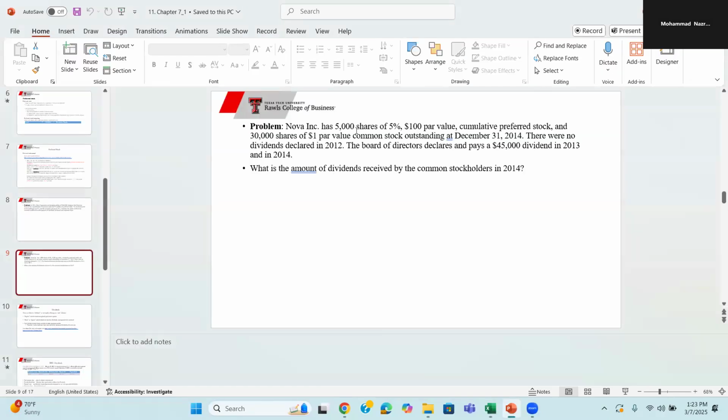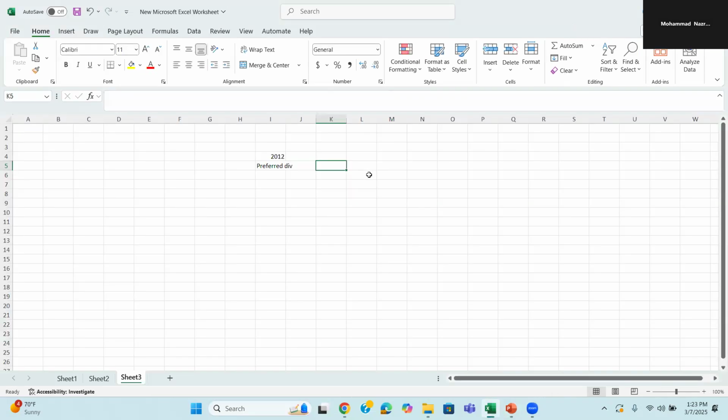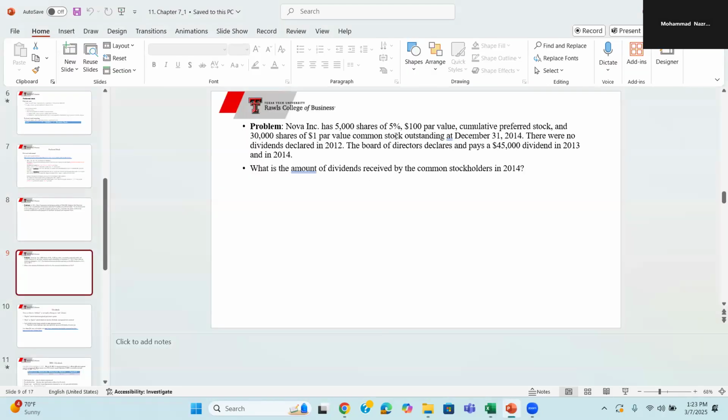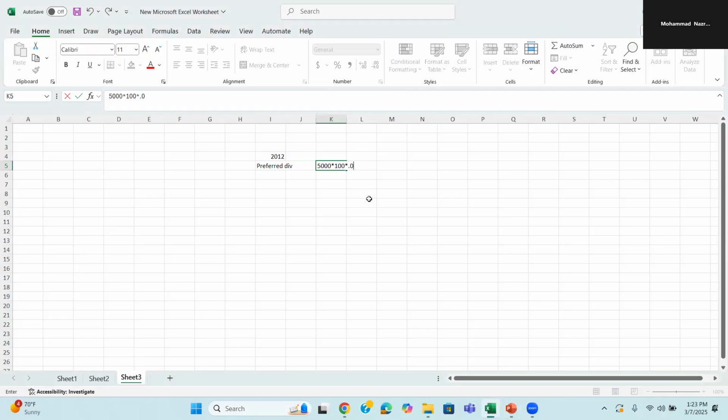You remember we have 5,000 shares, 5%, $100 par value, right? So 5,000 shares, we multiply with 100 per share, and we pay dividend 5%, so 0.05. So you can put an equal sign before. So this 25,000 is preferred dividend you're paying in 2012, right?